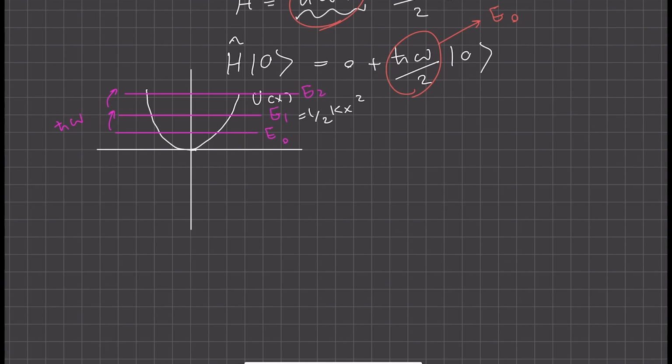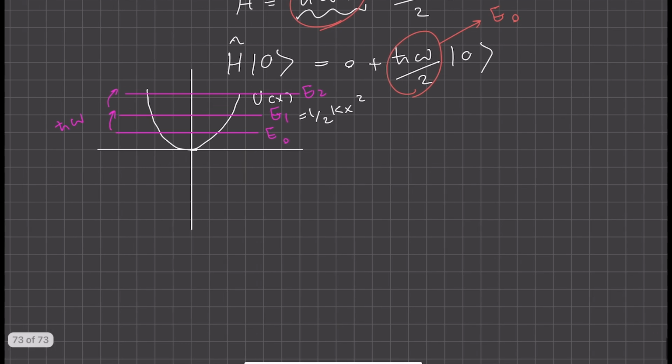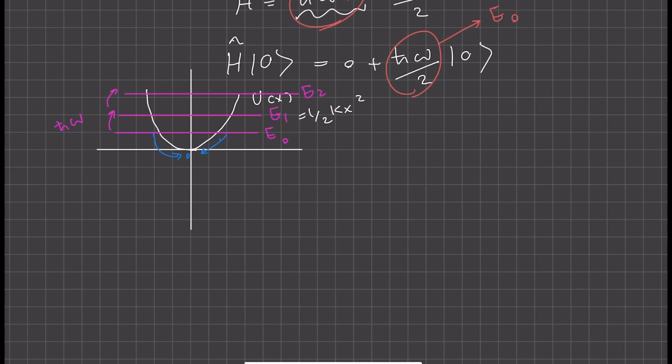So the whole point is that the simple harmonic oscillator cannot go to zero energy. It cannot go to here. That's zero energy. We can't have it in quantum mechanics. So we start from this ground state energy.